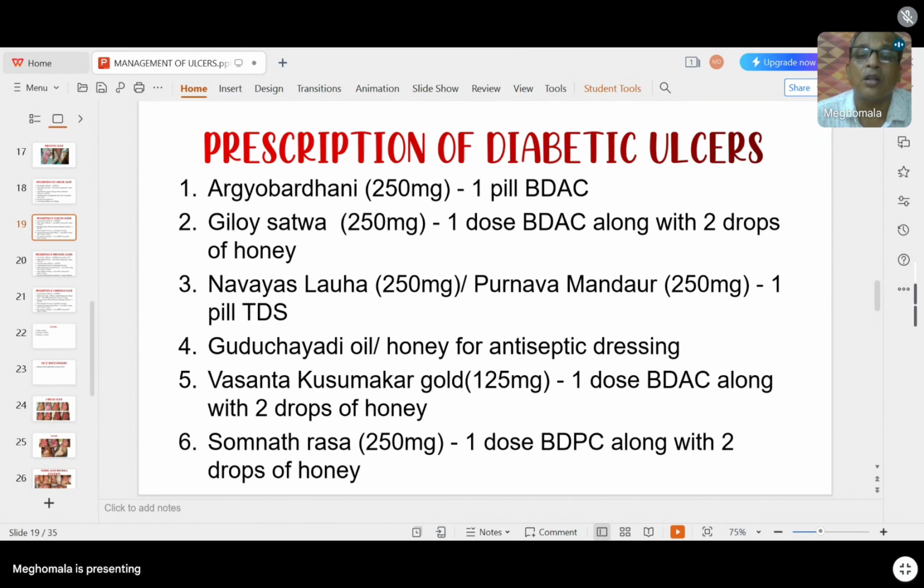Whatever prescription had been given for controlling diabetes, I also gave the anti-diabetic drugs mentioned in Ayurveda, and throughout the day and night, 24 hours, guruchadi oil was poured on. After 7 or 8 days, when they were to go for amputation, he came back after 1.5 hours and said the doctor told him there was no need of amputation now, and to continue whatever he was doing. I was there for 5.5 years in Goa, but amputation did not happen in that case.